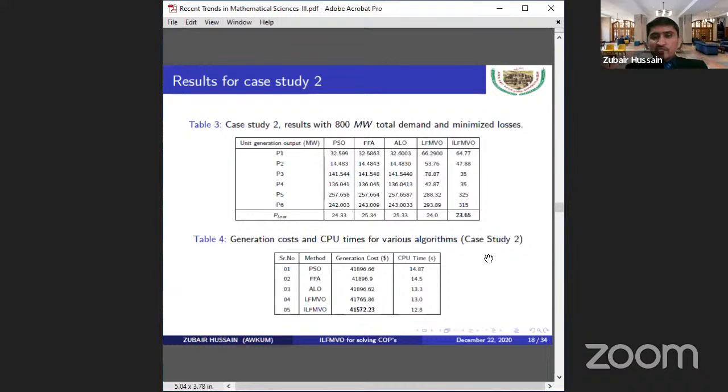And table 4 presents the generation cost and CPU times for various algorithms, and again shows that our proposed technique provides a high quality solution with minimum generation cost and minimum CPU time.